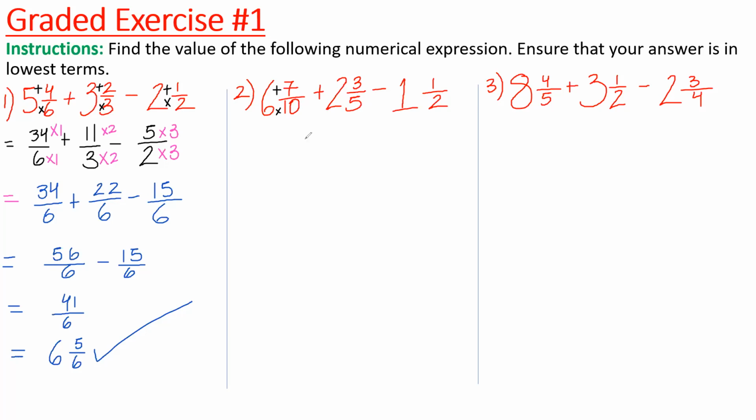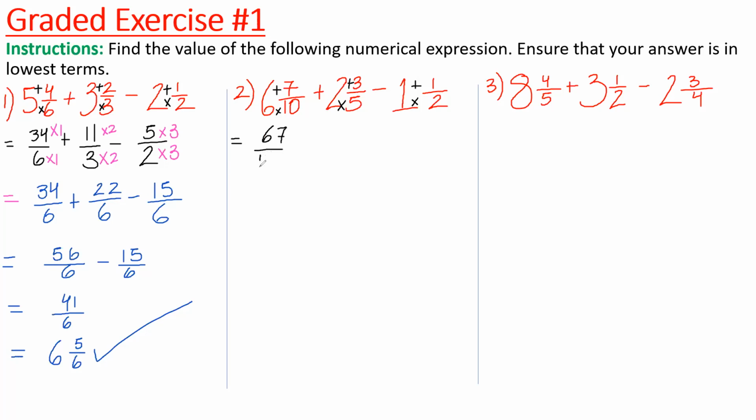Help me with number 2. We're going to change 6 and 7 over 10 into an improper fraction. 6 times 10 is 60, and 60 plus 7 is 67 over 10.